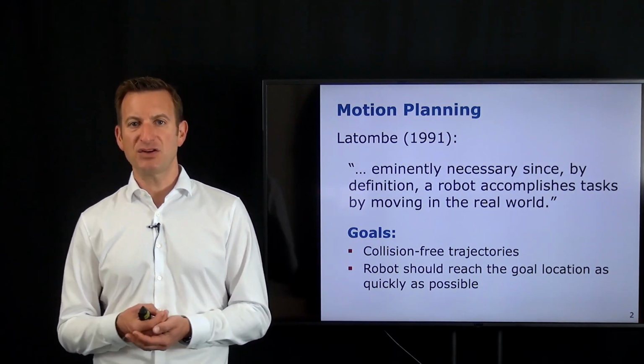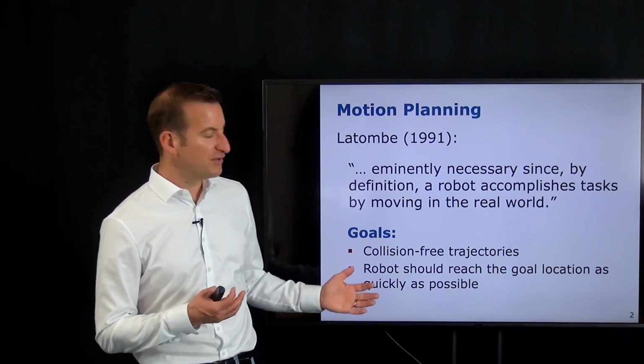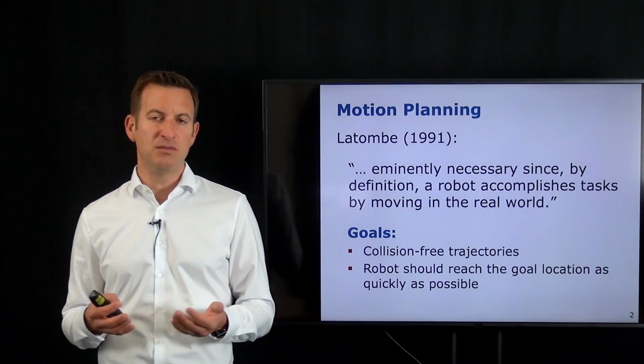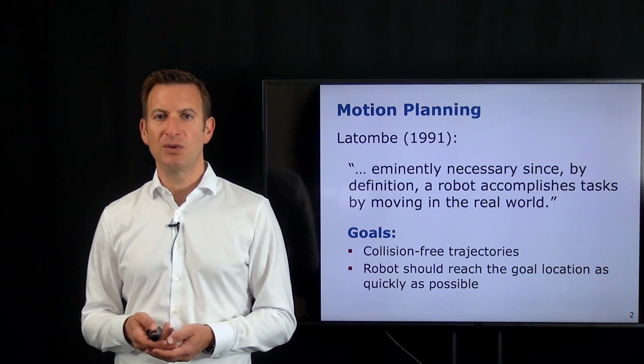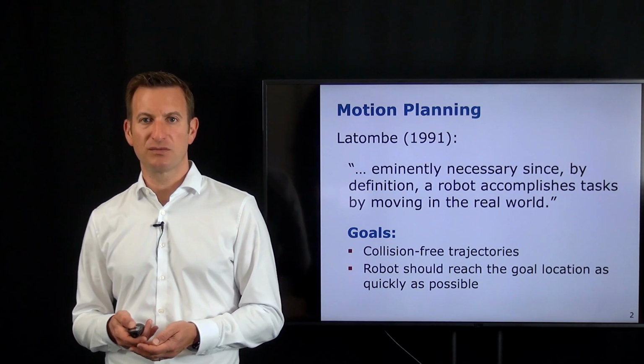So there are variations of those two goals, but these are, let's say, the most common goals that we will find in the robotics literature when we talk about path planning for mobile robots.